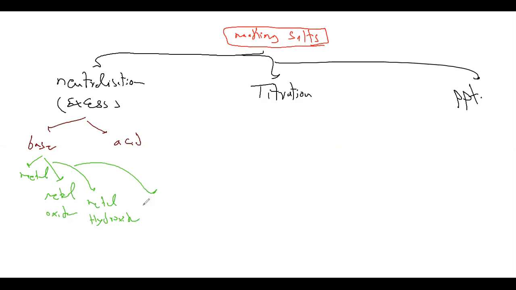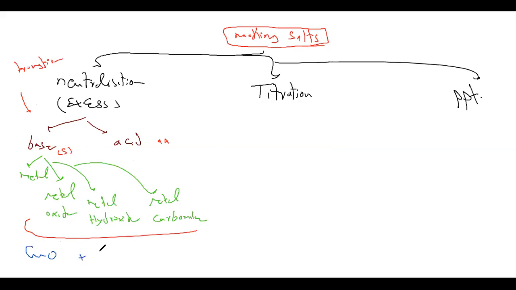So metal, metal oxide, metal hydroxide, metal carbonate are in the solid state, while the acid will be aqueous. Like if we have the reaction between copper oxide and hydrochloric acid, for example, this is solid and this is aqueous. And in case of metal, the metal must be more active than hydrogen. This is the first one.